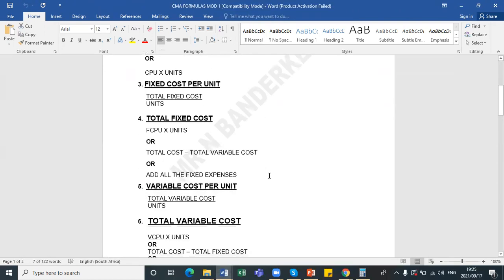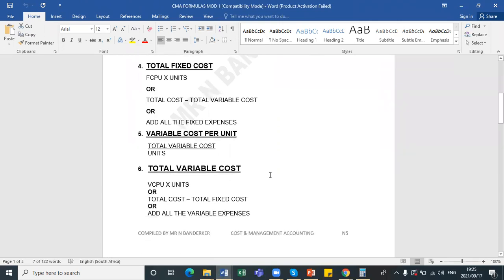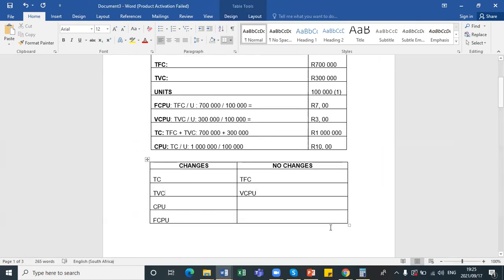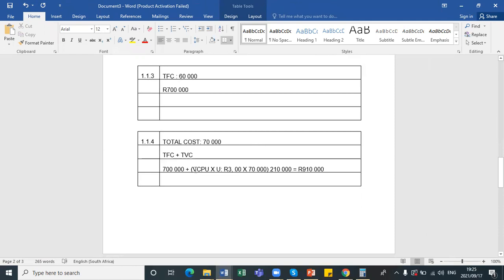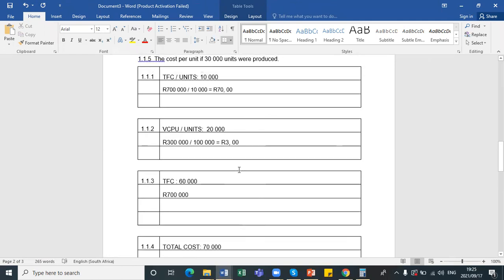And the formula you're going to use most of the time to calculate a new total variable cost whenever production changes is this one: variable cost per unit times units. So let me go there for you. There it is, variable cost per unit times units. And what was my variable cost per unit?